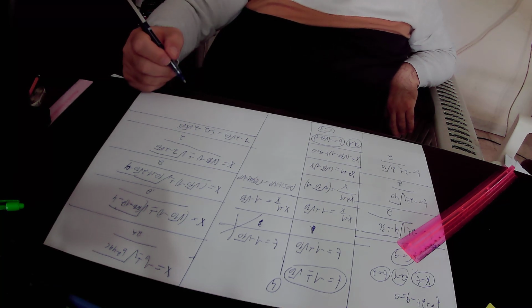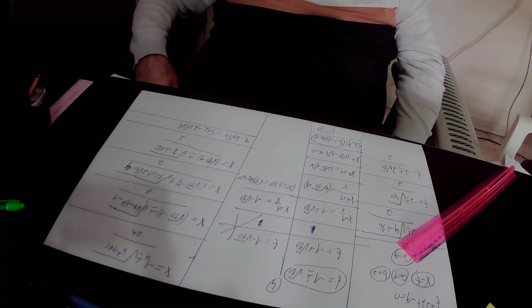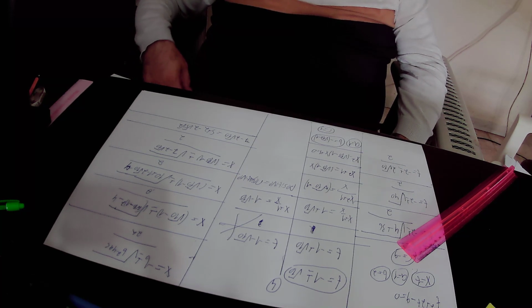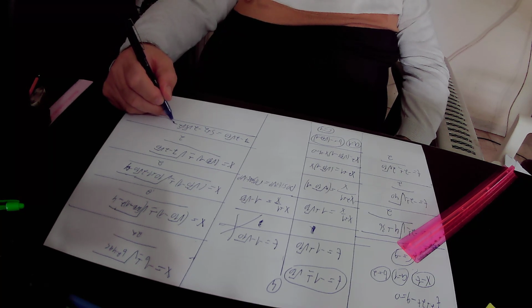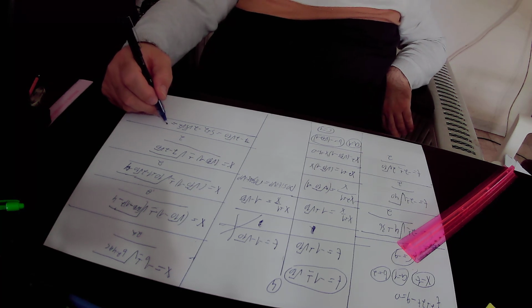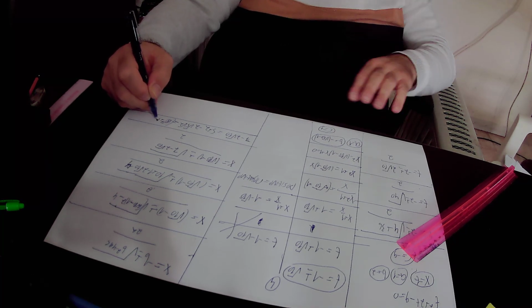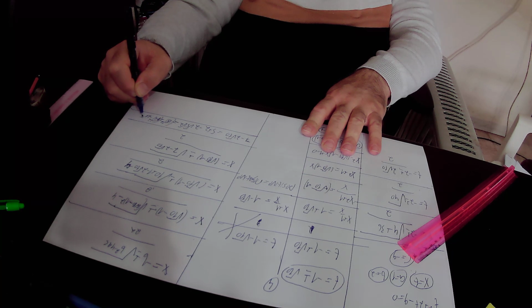So in conclusion, we found out that 7 minus 2 times square root of 10 equals 5 plus 2 minus 2 times square root of 5 times square root of 2. Here 5 equals square root of 5 squared, plus 2 equals square root of 2 squared, minus 2 times square root of 5 times square root of 2.